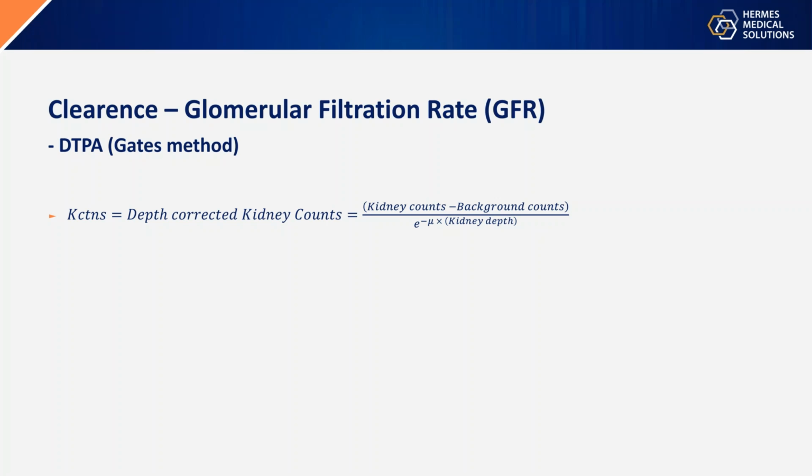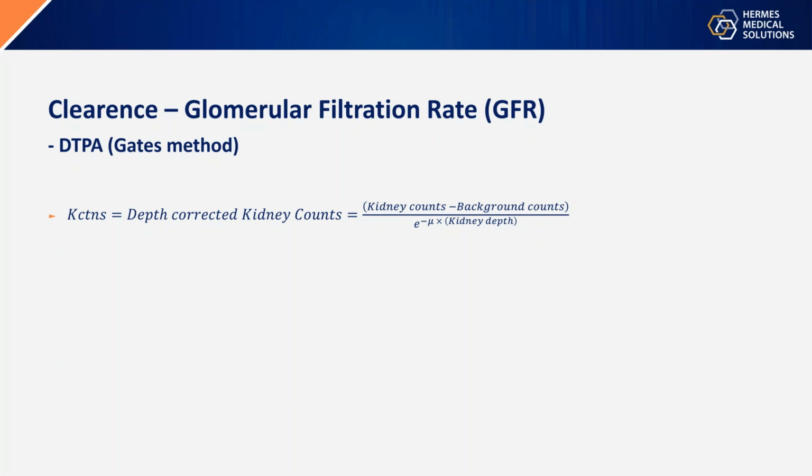So first, we want to calculate the depth-corrected kidney counts, meaning that we need to subtract both background, but we also need to correct for how much activity was absorbed when the photons traveled from the kidney to the detector.